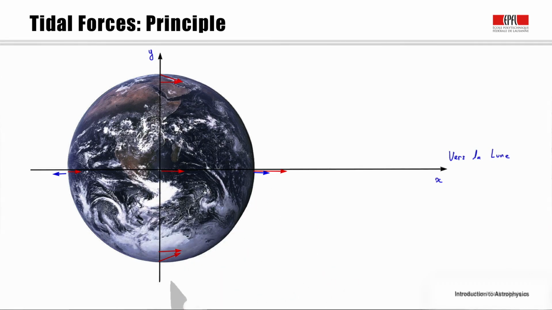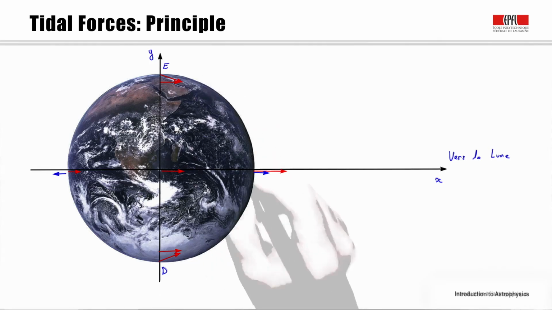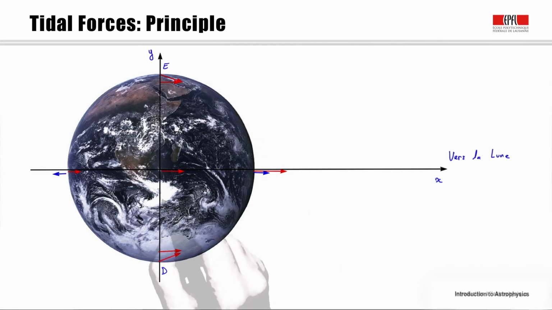If one takes the difference between those 2 vectors, let's say that here we have the points D and E. Point C at the center.